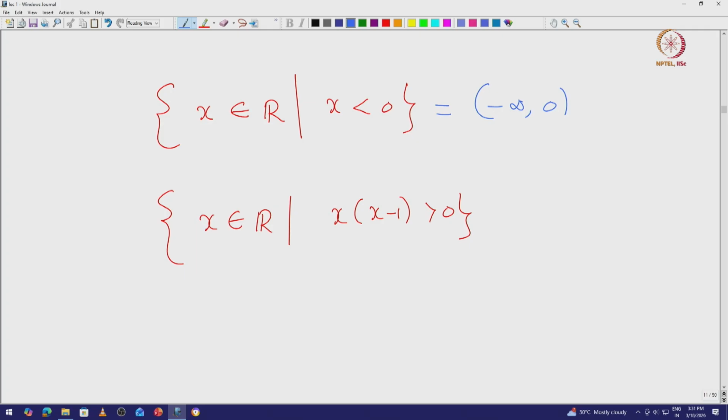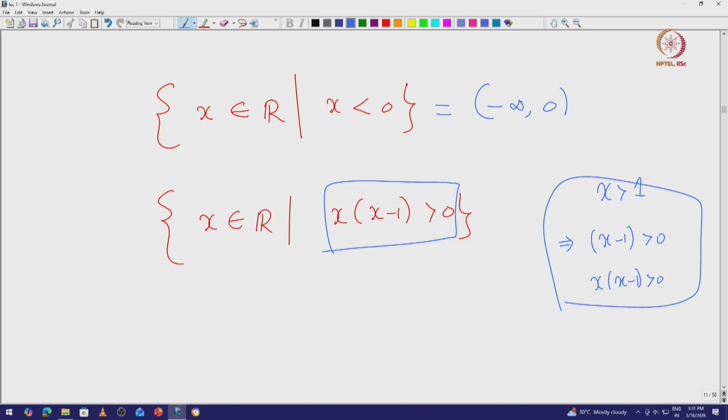You can also think about how one can identify this set, those x in R such that x times (x minus 1) is greater than 0. For example, if x is greater than 1, then x minus 1 is greater than 0, and that would imply that x times (x minus 1) is greater than 0.